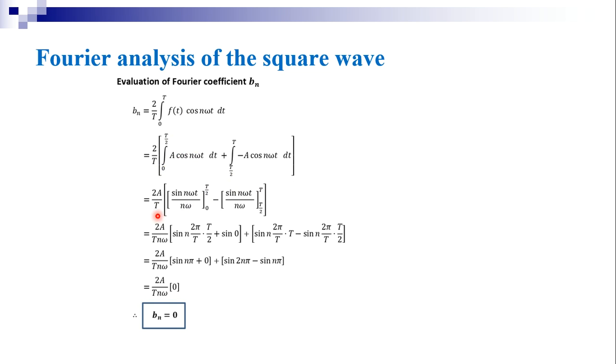After integration, we get 2a by T into the integration of cos n omega t, which will be sin n omega t by n omega, and we have put the limits 0 and T by 2.